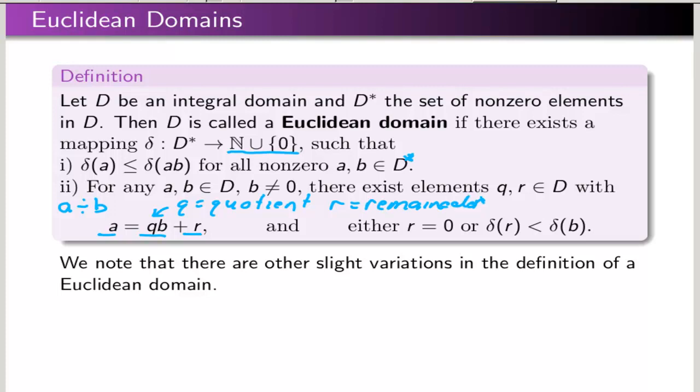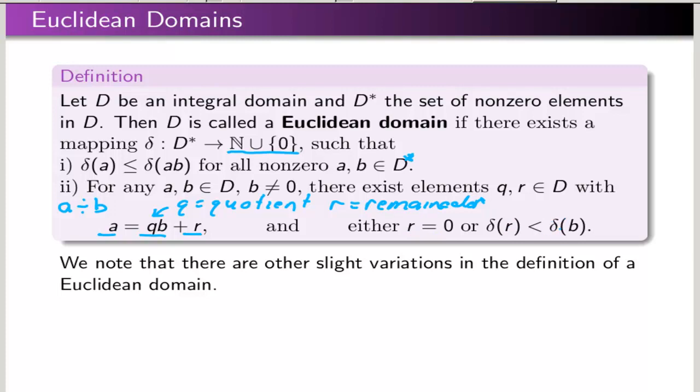Okay, and we have a stipulation that the remainder should be smaller than the divisor. Now what does small mean if we're not in the integers? It means that either the remainder is 0 or delta of R is less than delta of B.